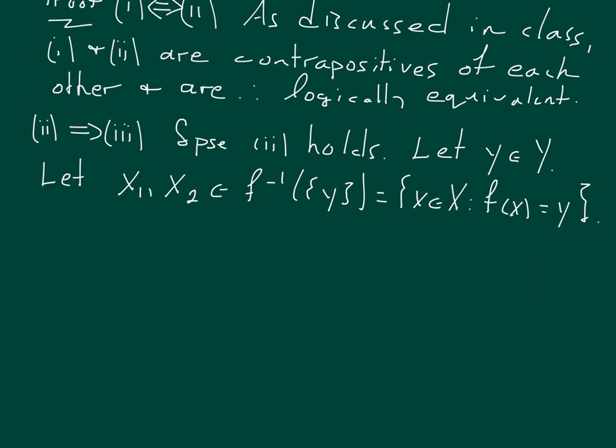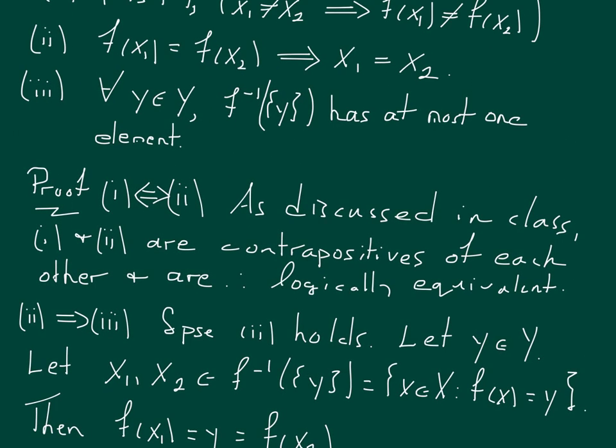Alright, so then f(x1) equals y, and f(x2) equals y. So we can write it like that. Well, what does that mean? That means that f is taking x1 and x2 to the same value. But we're assuming our statement 2. Well, what does statement 2 say?